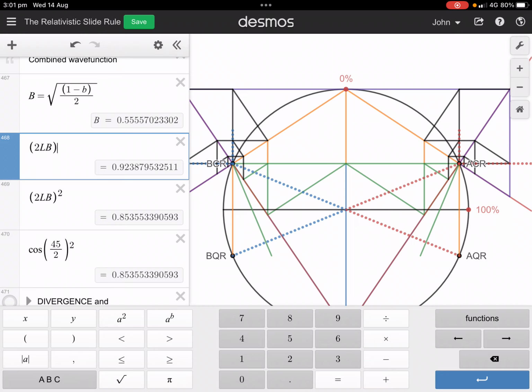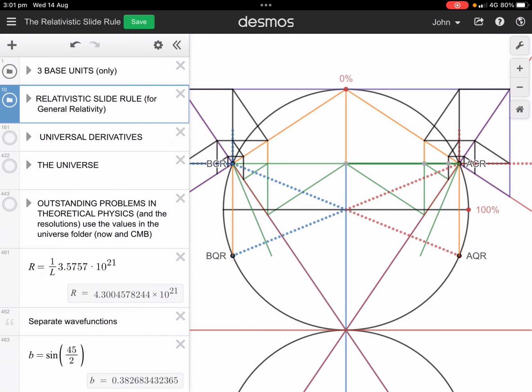But the reason I'm doing that is because that is actually magnetic flux, 2 times the magnetic flux. So on the relativistic slide rule, that's magnetic flux, and that's magnetic flux. So there's 2 of them, and then you square them. The SI unit is Weber.